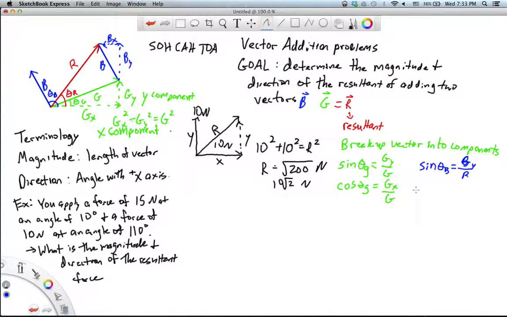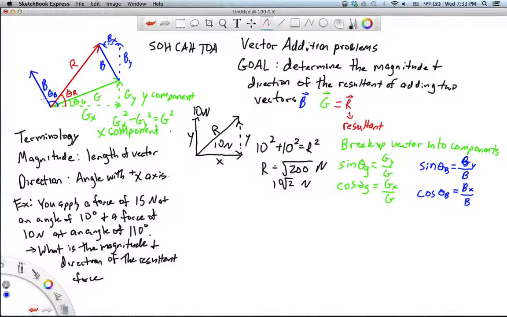And over b, and then the cosine of theta b is equal to bx over b. And I can immediately write these things down because I have my angles written as being counterclockwise from the x-axis. This is very important. This is how I can use SOHCAHTOA in this case.